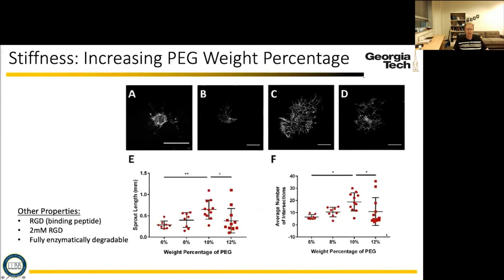And so Josh went on, and I'm not going to show all the data, but he tested a variety of different conditions, stiffnesses, peptides, degradability, and optimized this hydrogel to support sprouting.